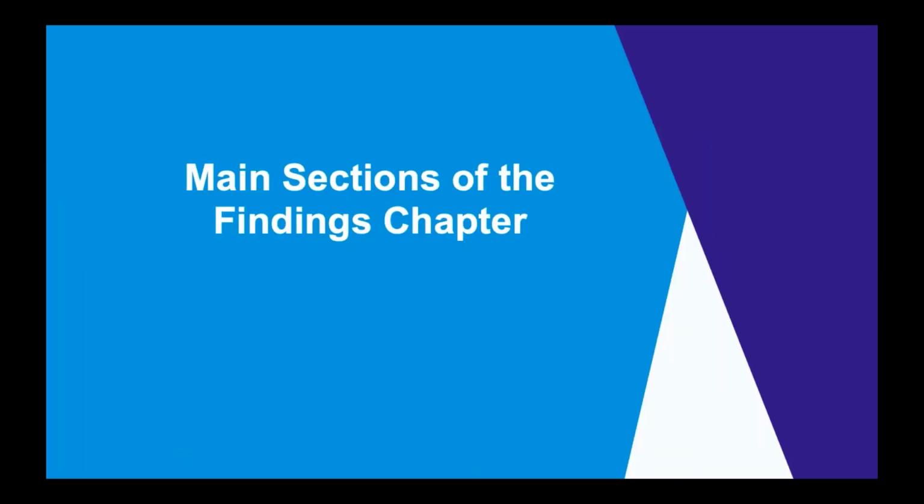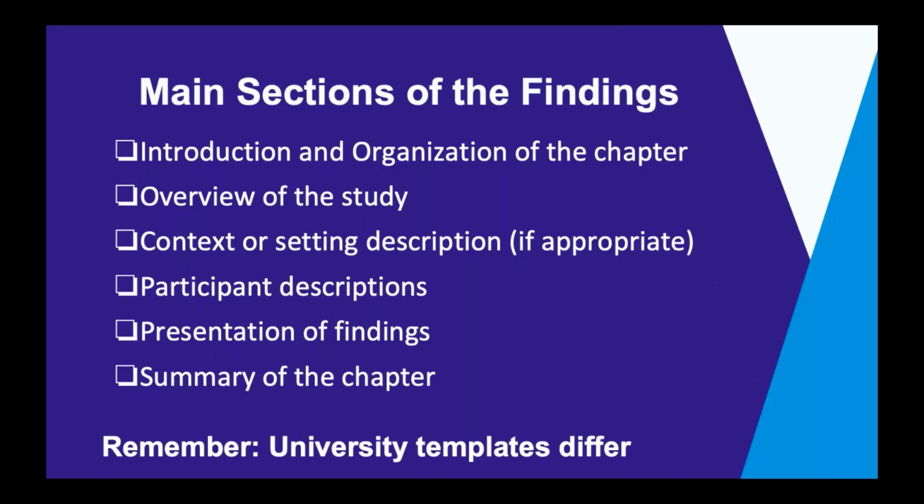All right, then the main findings, I just want to show the slide real quick, just to give you a general idea of what those main sections are. You have the introduction to the chapter, which includes the organization, what the reader should expect to see. You overview the study. Most times you provide this.